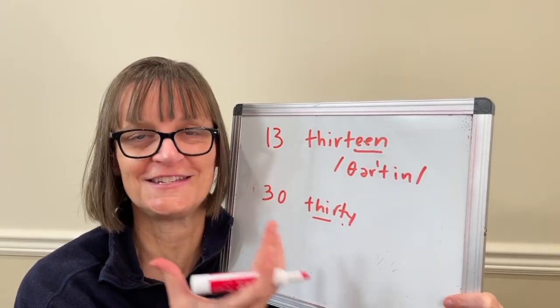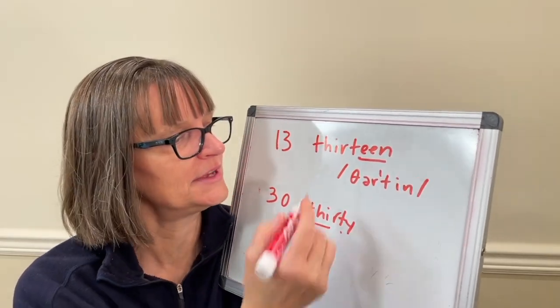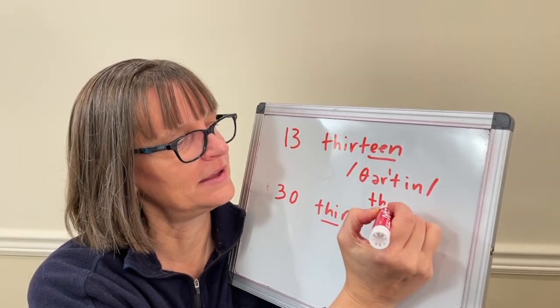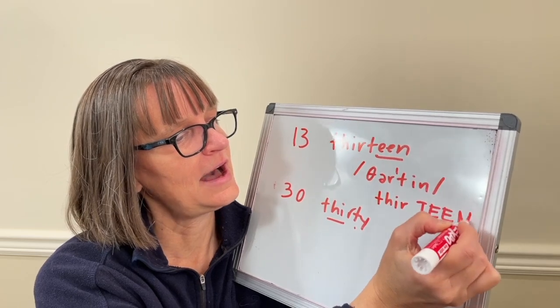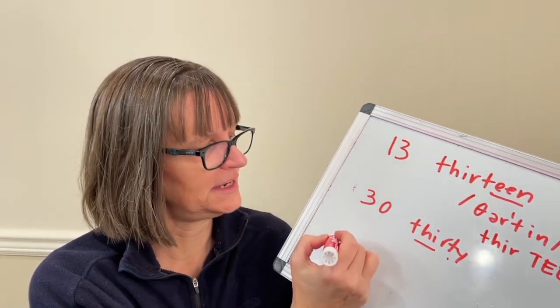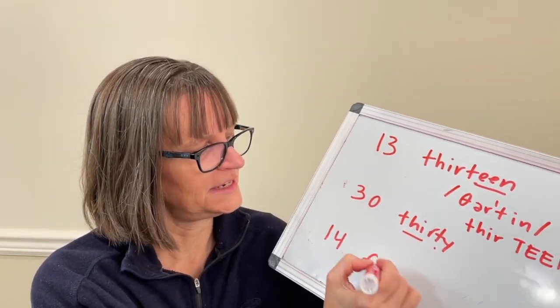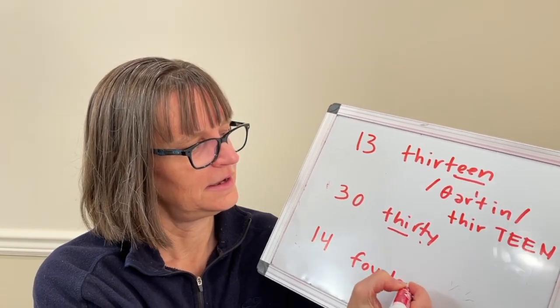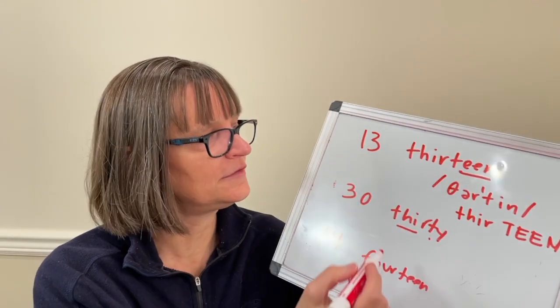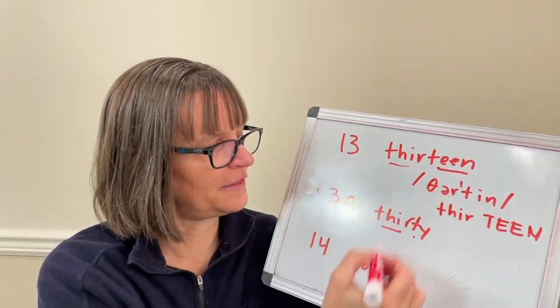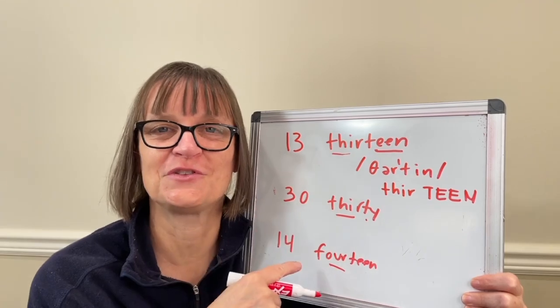We do stress on the teen syllable in the teen numbers. So thinking about that like thirTEEN. However, if I'm saying 13 and 14, if I'm counting 13, 14, I might give a little more stress on the thir and the four because I want to be able to show the difference between.